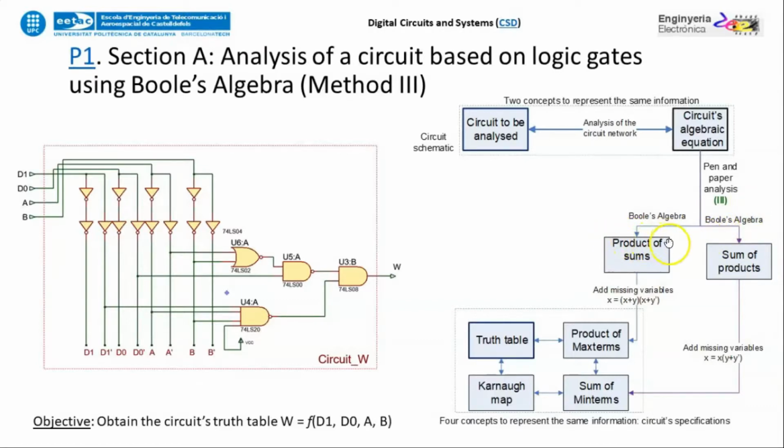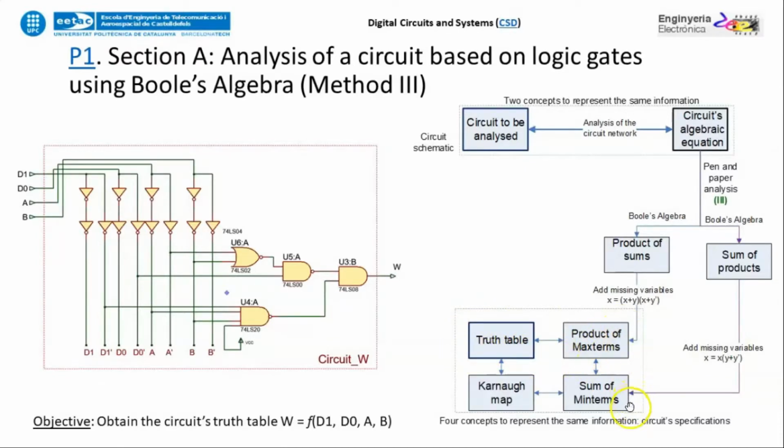And this is an intermediate stage, because if you have the product of sums that we will define now very well, you can go on adding to this sums, the missing variables, so that what you've got is a product of maxterms, which is exactly the same thing as the truth table, but not as a table, but using an equation.